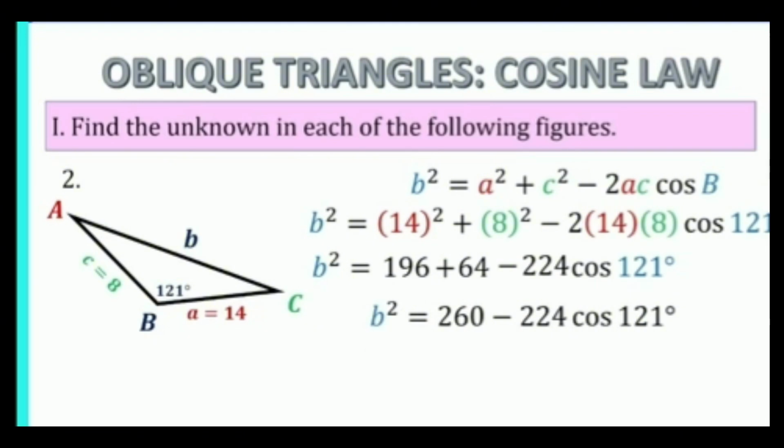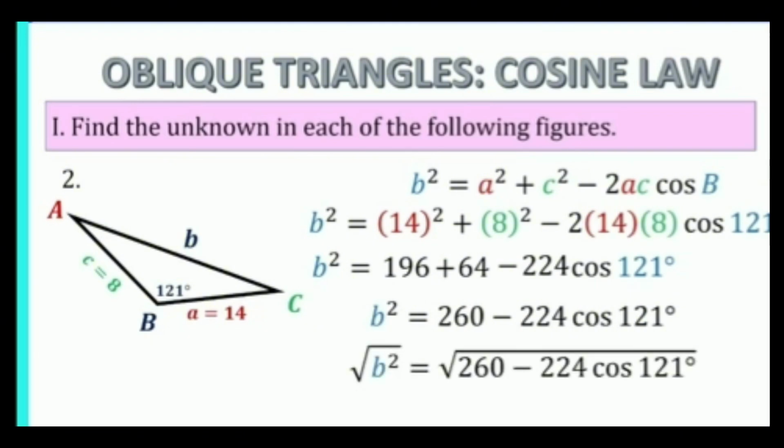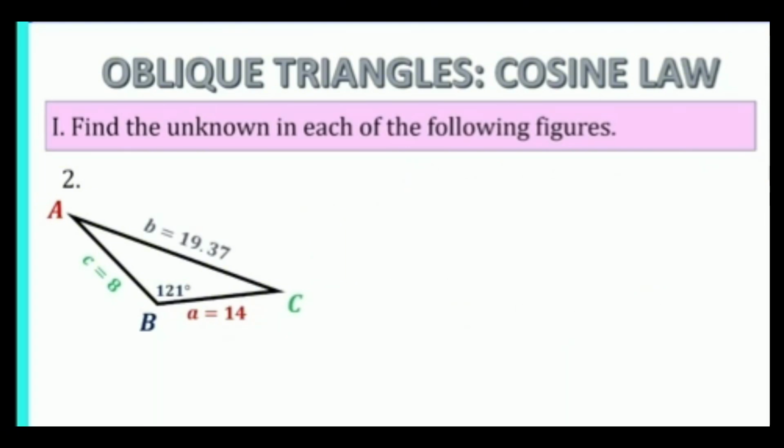Then let's get the square root of both sides. Then we encode in our calculator the square root of 260 minus 224 cosine 121. That will give us a value of B which is approximately equal to 19.37 units. So we got our side B. Let's put here, side B is 19.37.